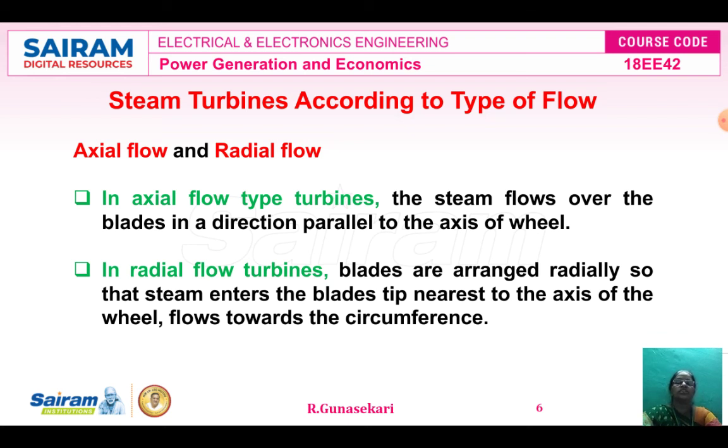In the radial flow type turbine, the blades are arranged radially so that the steam enters the blade tip nearest to the axis of the wheel and flows towards the circumference. This is the difference between the axial flow and the radial flow type of steam turbine. This classification is made by type of flow.